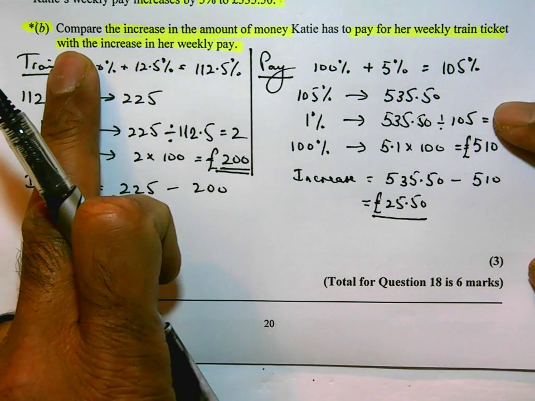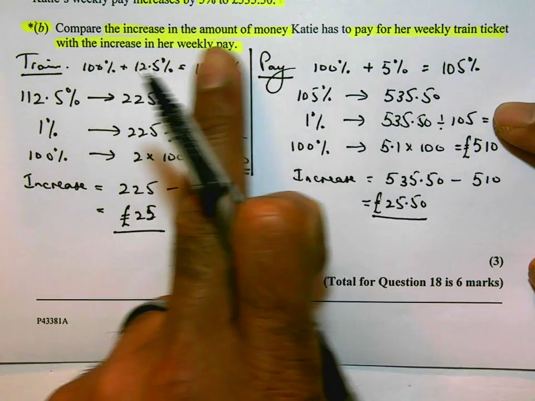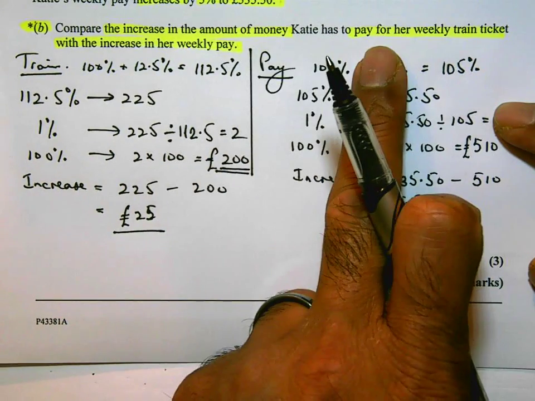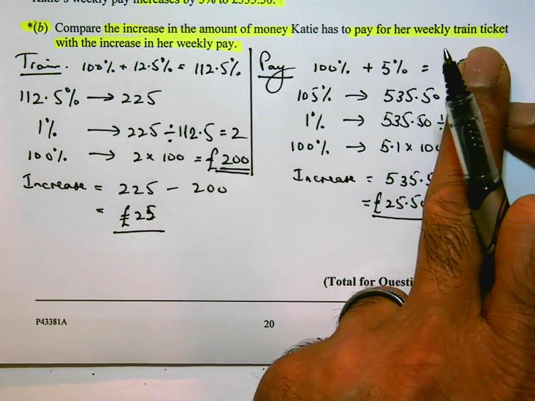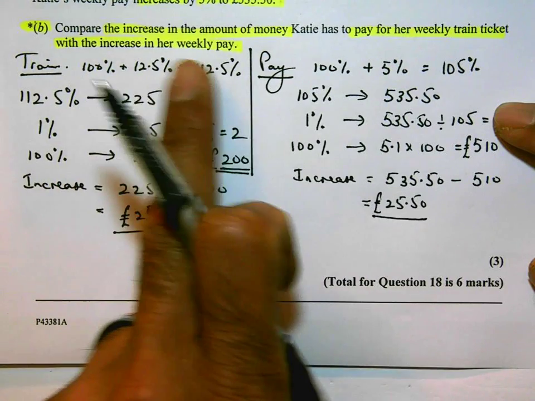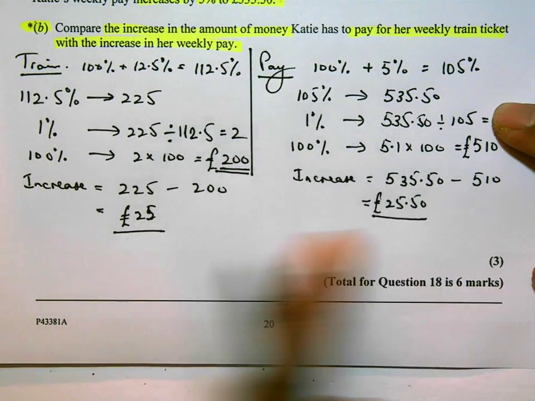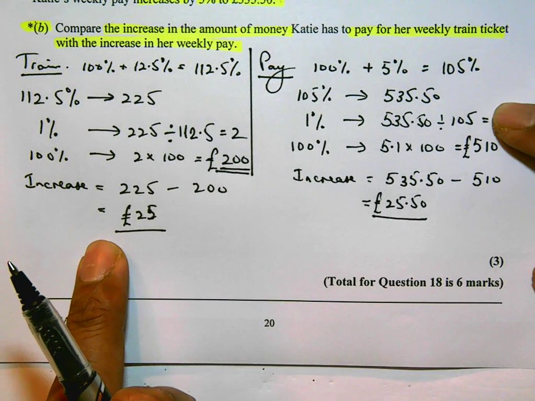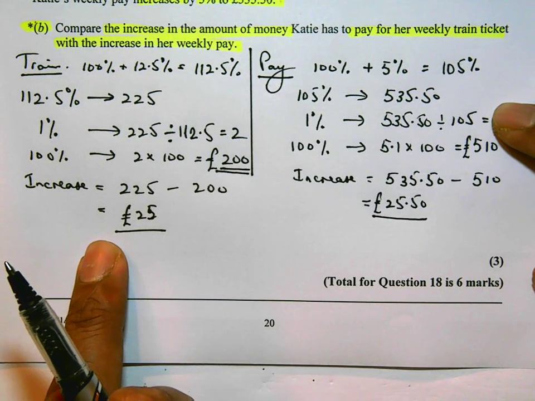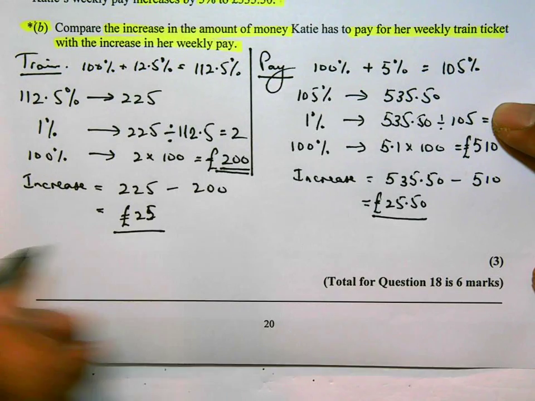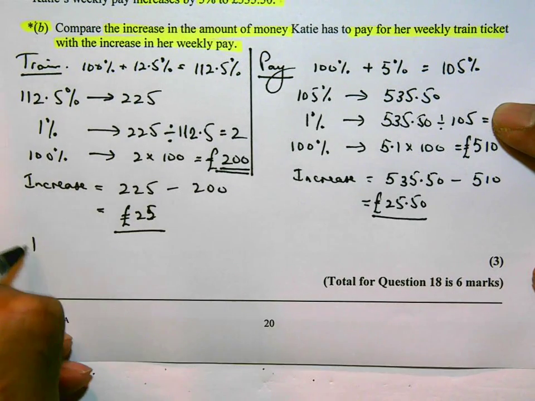Let's read the question once again. Compare the increase in the amount of money Katie has to pay for her weekly train ticket with the increase in her weekly pay. And her increase in her weekly pay was more than her increase in the price of her train ticket. So I'm going to write exactly that.